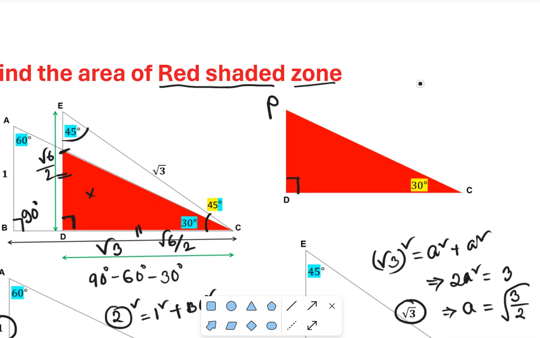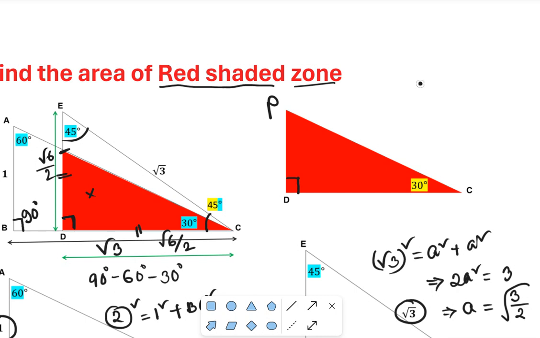We haven't got the area of this triangle. Obviously, this is our main goal, to determine the area of this triangle.